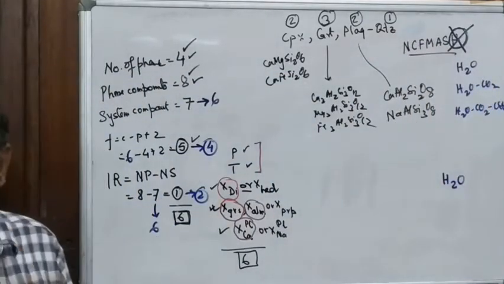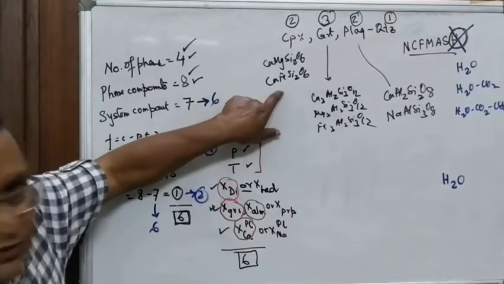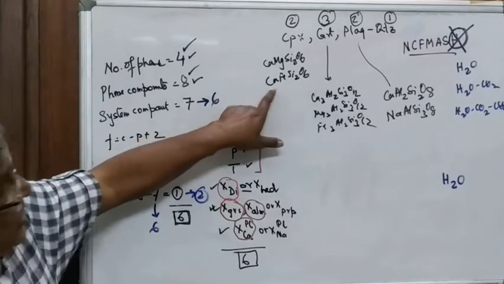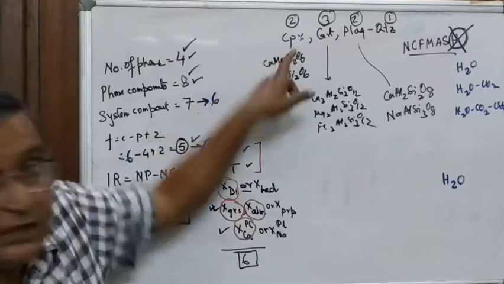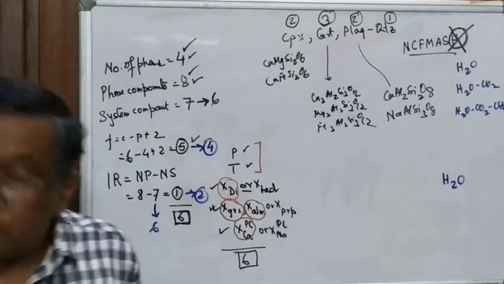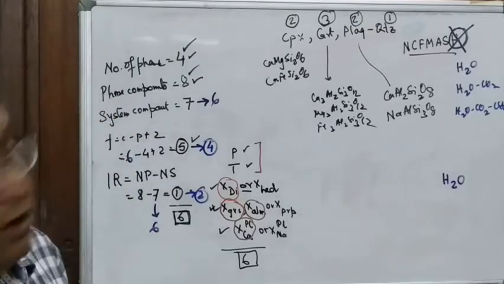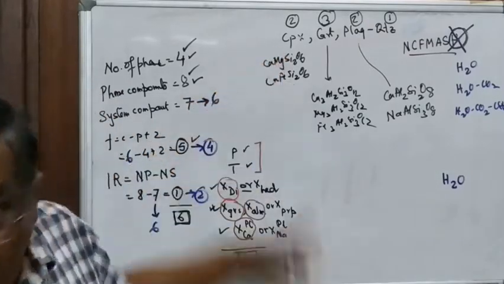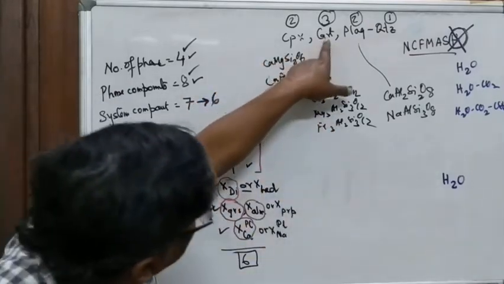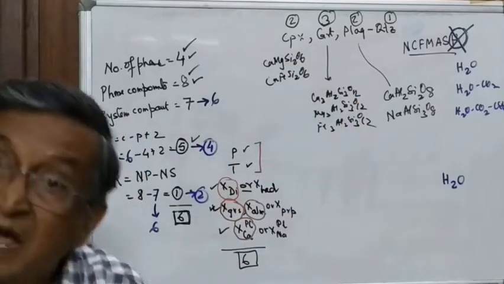If that is so, then your components have to change, because these components don't take water. There has to be a water-bearing component for pyroxene, and not only pyroxene, for garnet as well.